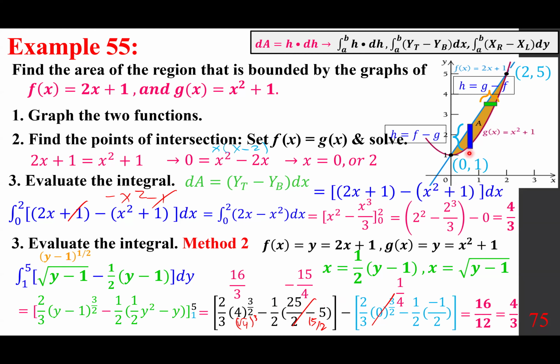If we want to go from the bottom to the top, the top is the line, the bottom is the graph of the curve, we can do that. If we go from left to right, the right side is the curve, the left side is the line, we can do that. So both methods are done, so you can see it for practice.